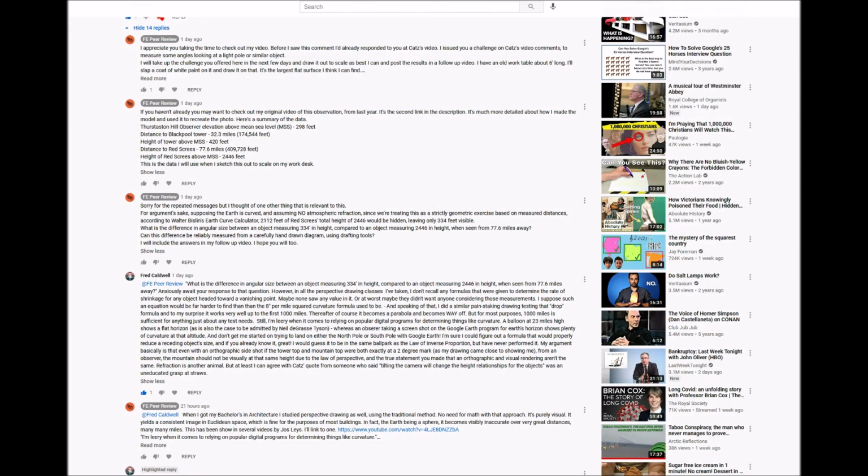I have one more point to address here, and it was to do with the comment I left, which said: for argument's sake, supposing the Earth is curved and assuming no atmospheric refraction, since we're treating this as strictly a geometric exercise based on measured distances, according to Walter Bisland's Earth calculator, 2112 feet of Red Screes' total height of 2446 would be hidden, leaving only 334 feet visible.